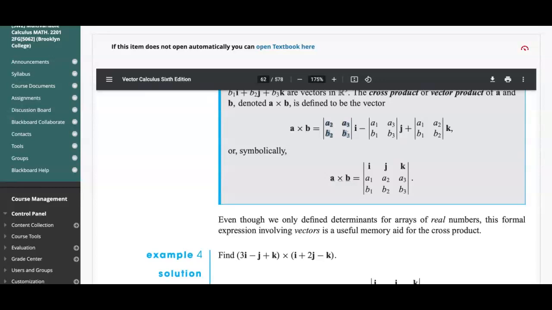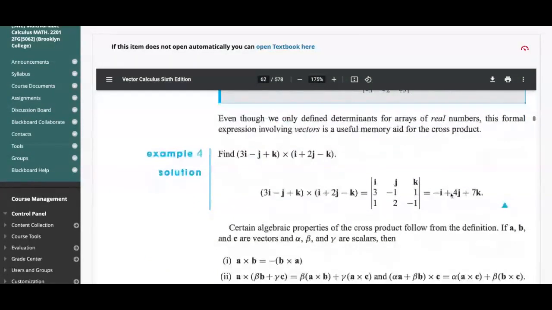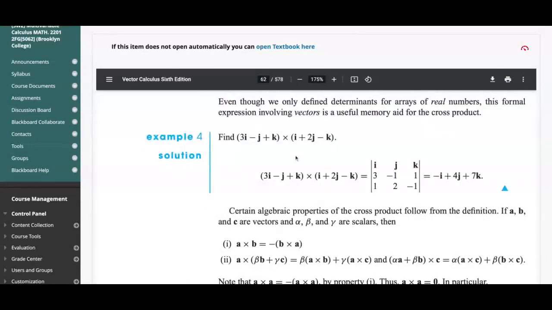Determinant is a number, a scalar, multiplied by the 3 vectors ijk. This is an example of that.